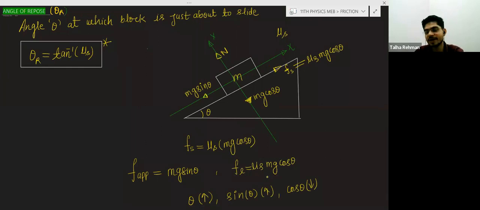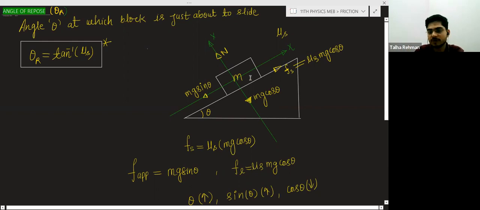There will be a point when both forces become equal, and at that theta this block will be in the condition of just motion in this direction, just about to slide. So this is the basic mechanics behind it.